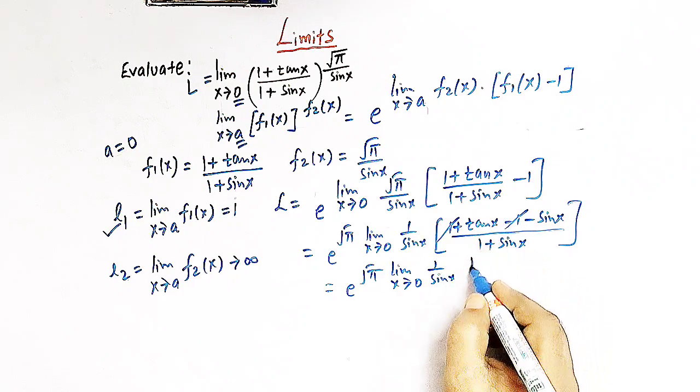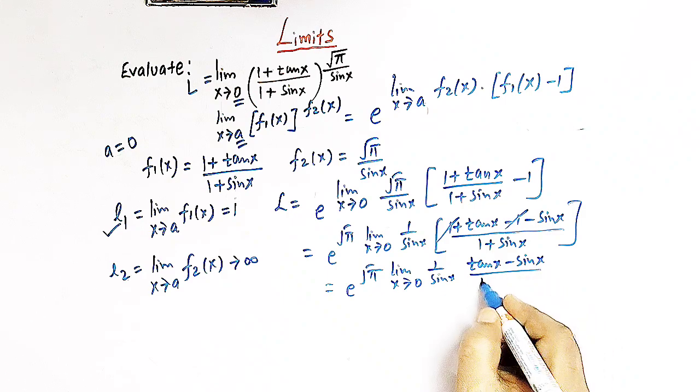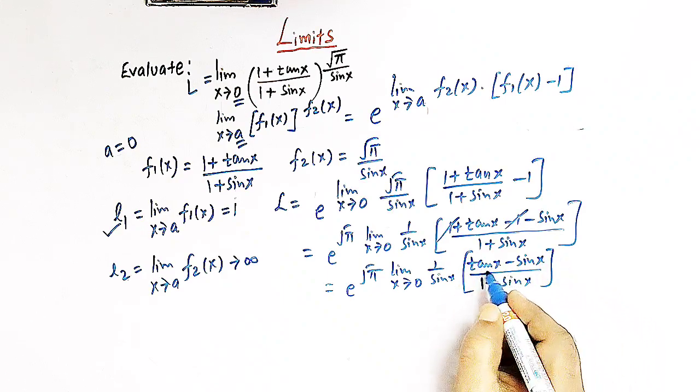Now we are left with (tan x minus sin x) divided by (1 + sin x), right?